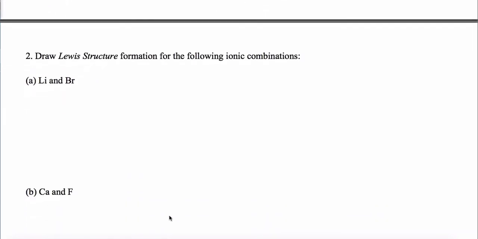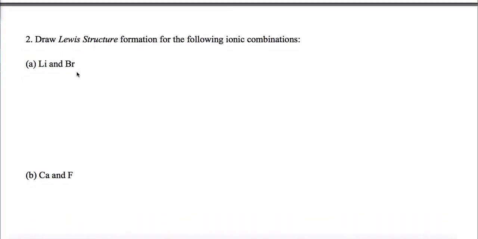So now we're going to draw the Lewis structure formation for compounds between Li and Br. So first, we draw the Lewis diagram for Li. Li has 1 valence electron because it ends in s1, and Br has 7 valence electrons because it ends in s2p5, so 7.